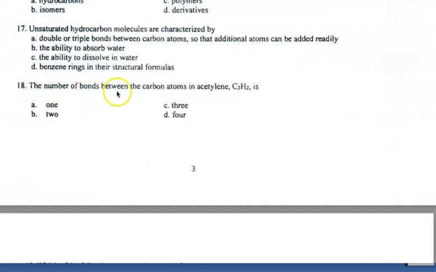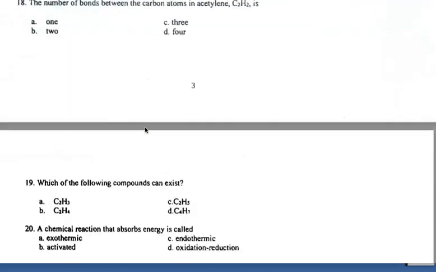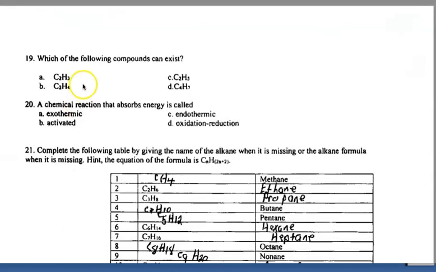18, the number of bonds between carbon atoms in acetylene. This is C2H2. This is the simplest one of the alkynes. And so there are 3 bonds there in that particular molecule. 19, which of the following compounds can exist?